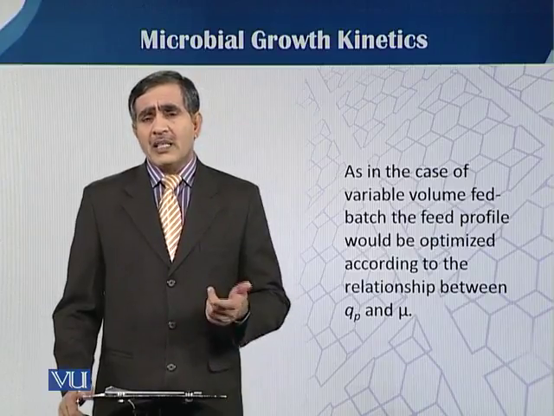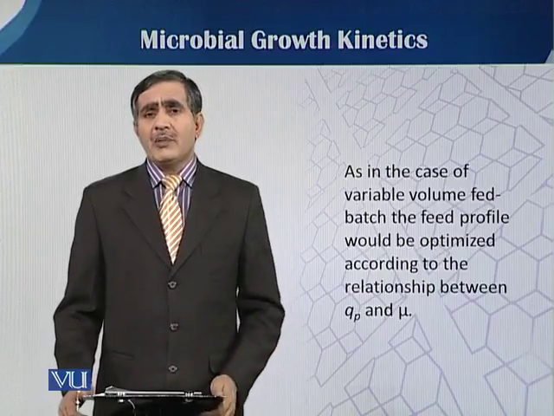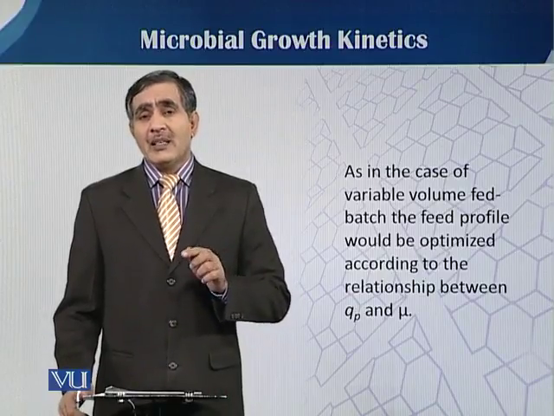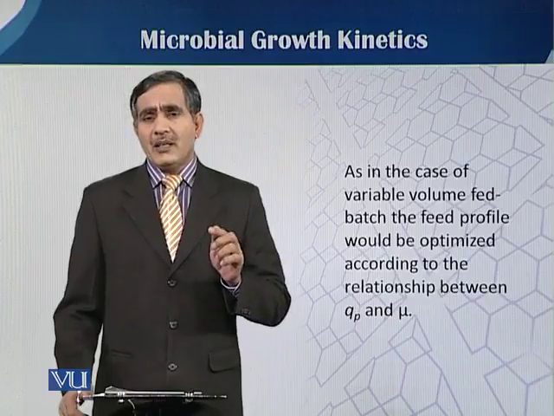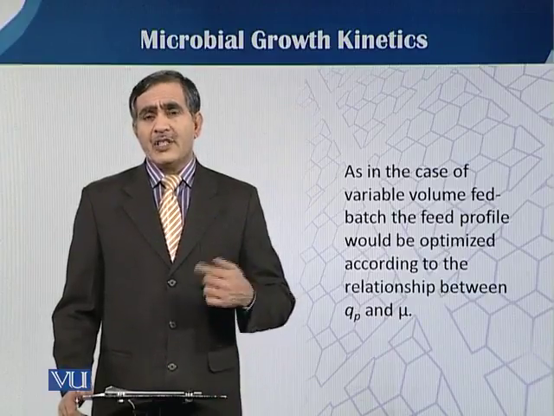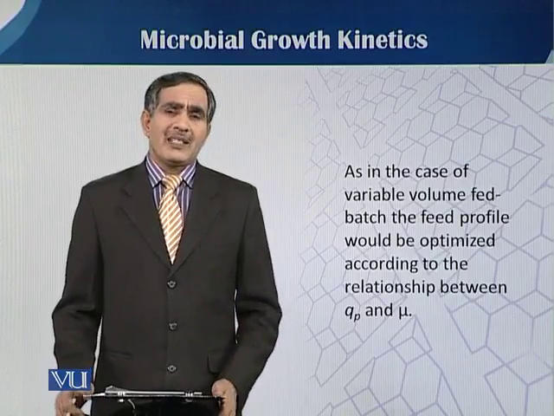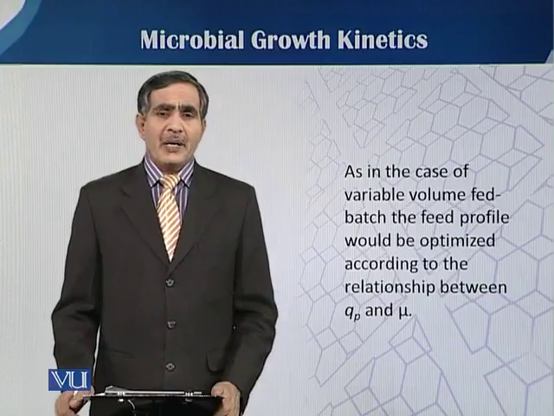There is no dilution rate in the fixed volume, so instead of D we can use G. So the feeding strategy with respect to mu is very critical, and it also depends upon the secretions during the fed batch.